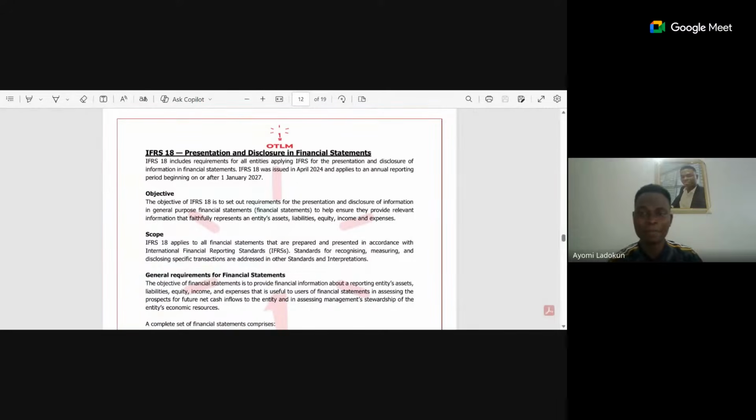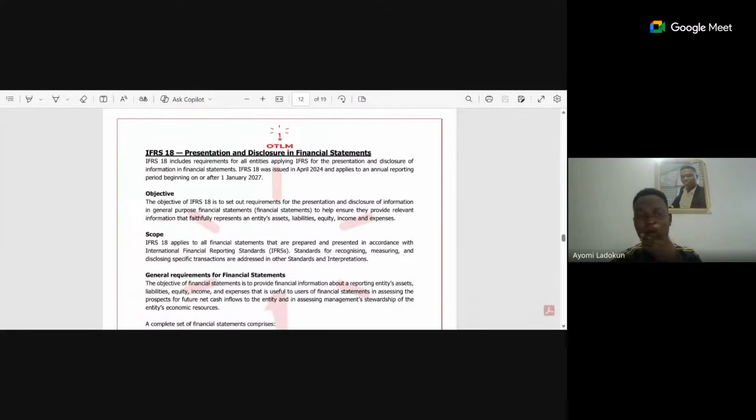But again, it is something you might need to be aware of. I'm not sure whether the examiner is going to go into this area, even though the examiner has the right to test your knowledge around IFRS 18.